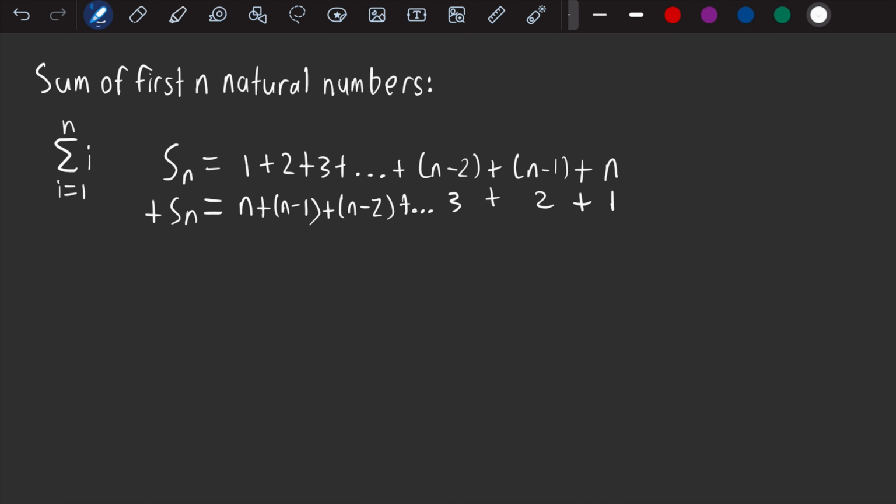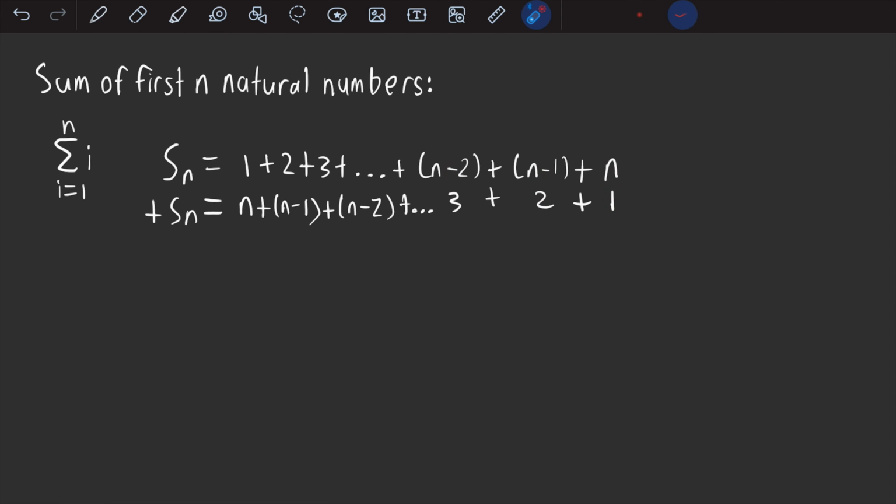And I had to write a little small and try to squeeze it in there, but this n is paired with this 1. This n minus 1 is paired with this 2. n minus 2 with 3, etc. And so we have an even pairing across these columns.